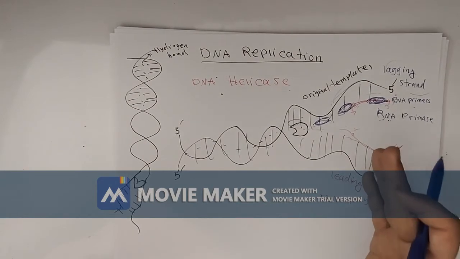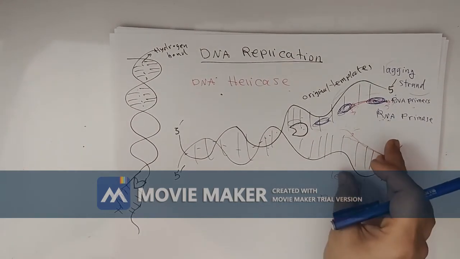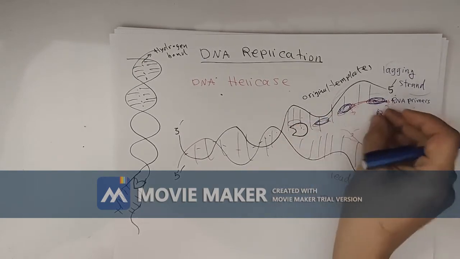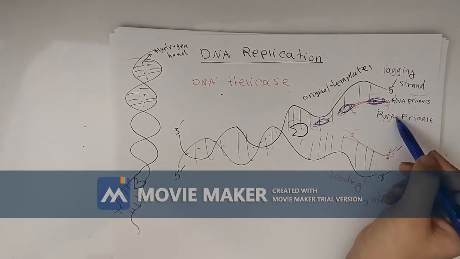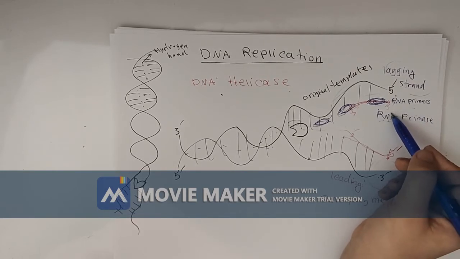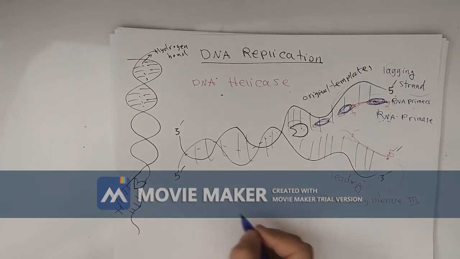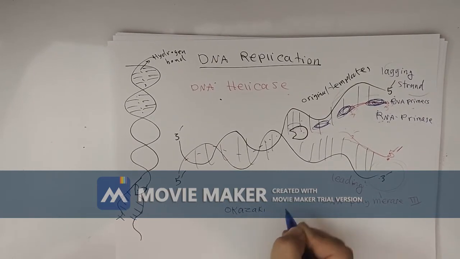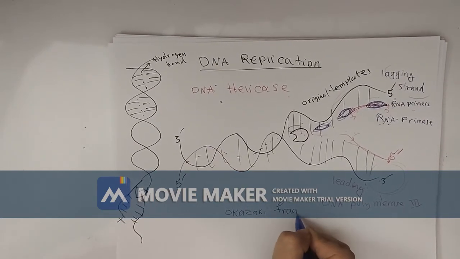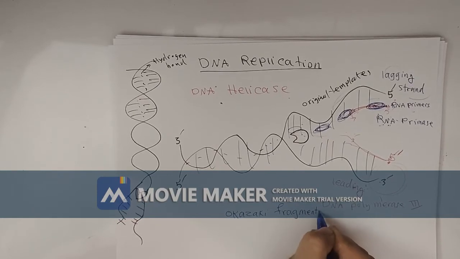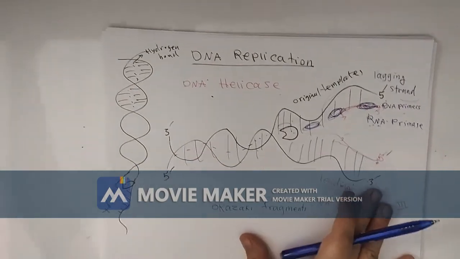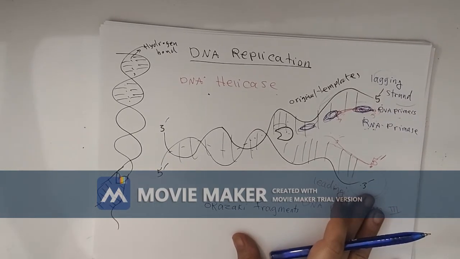Now we have a new strand of DNA, but in small fragments made by the DNA polymerase 3. They are called Okazaki fragments.